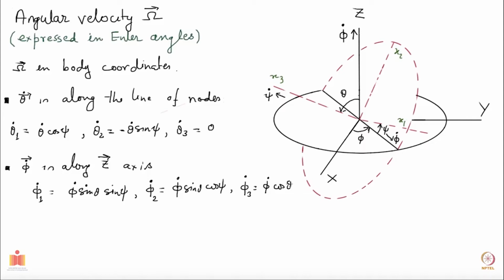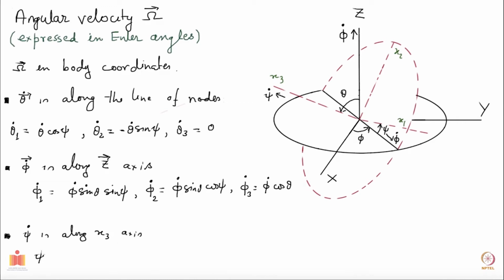Let's see, all looks fine. And then we have the third piece, where is it? Psi dot. Psi dot is along the x3 axis, so it has only one component.